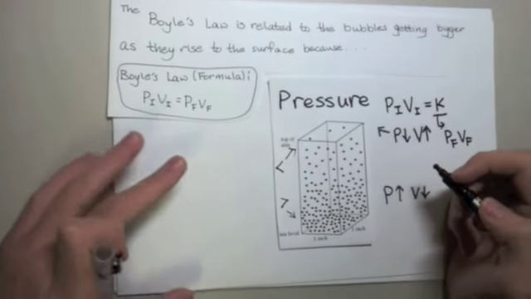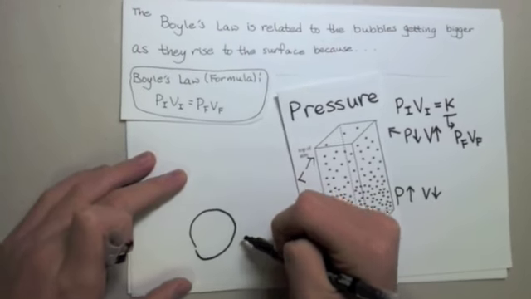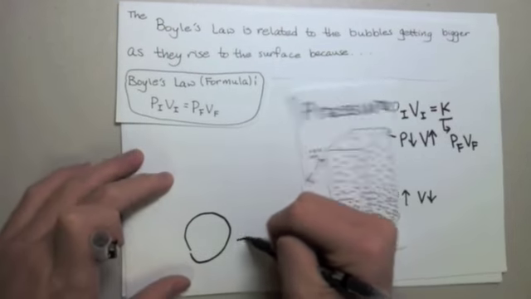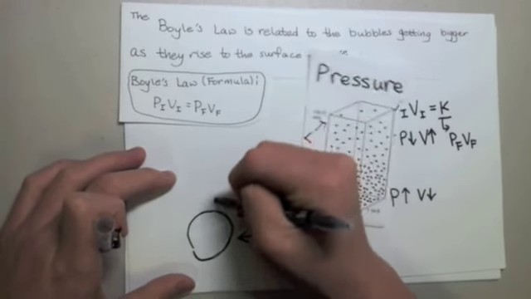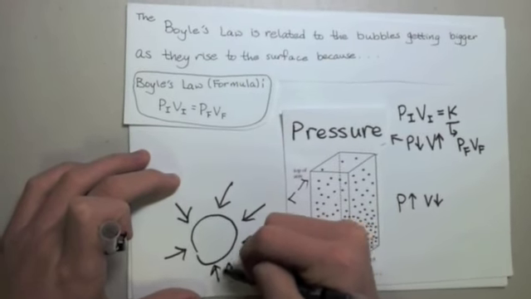This happens because at the bottom of the sea, the pressure shrinks the volume, because there's more pressure on the outside than the inside.